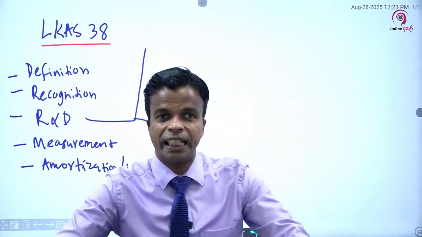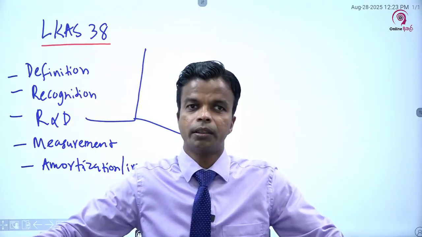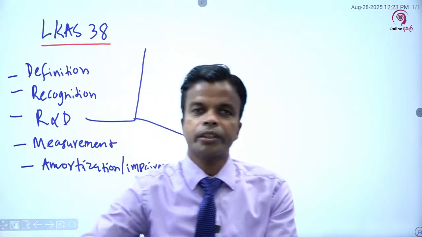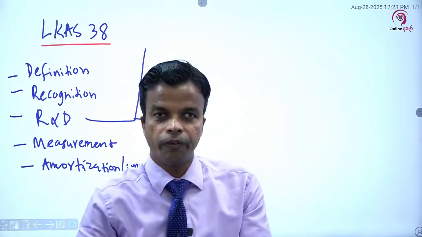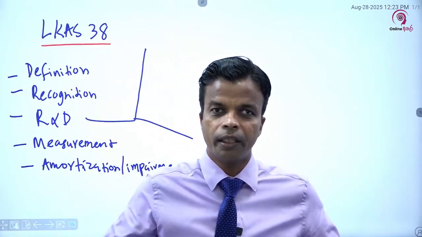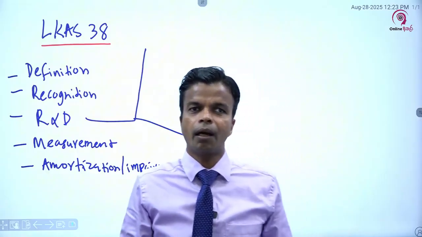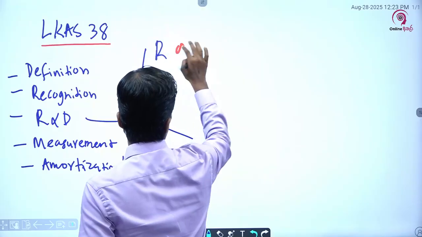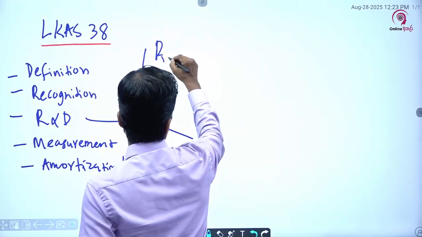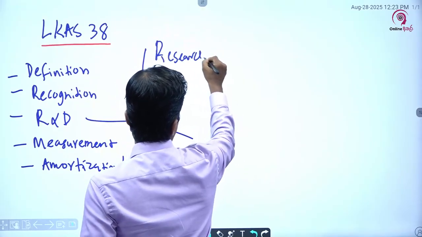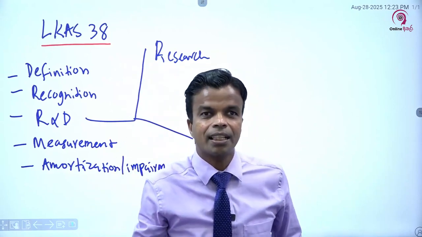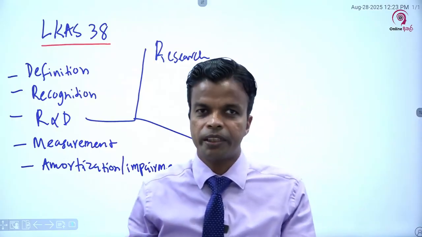You have not started anything from the commercial production point of view, or the testing, manufacturing, or development point of view. You have not done anything, but you're doing a background study that we can call research. Just because you have done these background activities, you won't have any asset coming in and no economic benefits coming in.